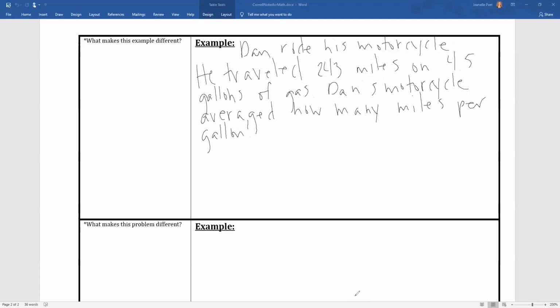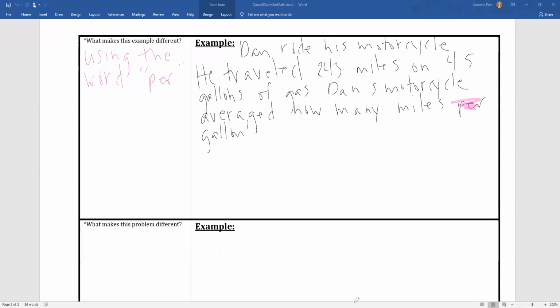So what's different about this one is you're not doing speed, okay? They're using this word per. So with my colored pencil, I'm going to write down, they're using the word per. All right, I'm going to highlight that for you, so go ahead and highlight.